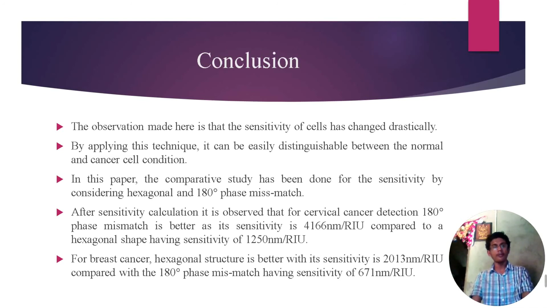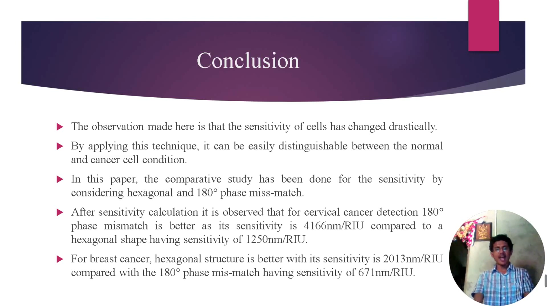4166 nanometer per refractive index unit, compared to the hexagonal shape having the sensitivity of 1250 nanometer per refractive index unit. That means the 180-degree phase mismatch structure has more sensitivity and it is the better one.